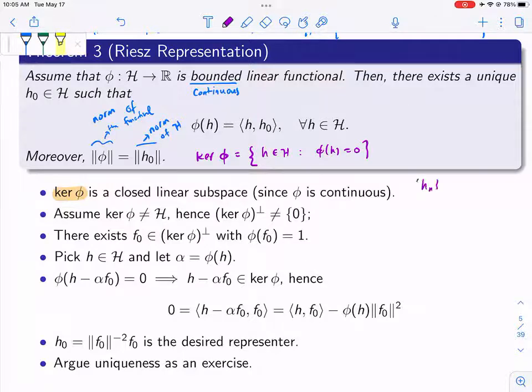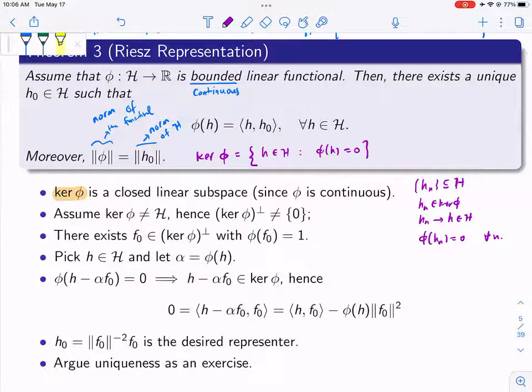So if I take Hn in H, and Hn belongs to the kernel of phi, this means that phi of Hn is 0 for every n. To show that it's closed, suppose every element is in the kernel, and Hn converges to some H as n goes to infinity, where H is in the space.